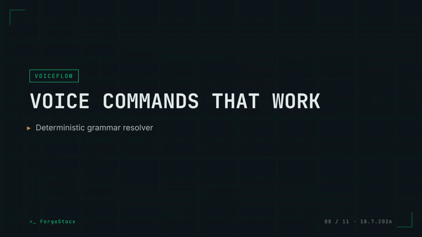One of the coolest features mentioned in the Reddit comments is something called voice flow. The developer PleasantSet3182 described it as using a deterministic grammar resolver that only mutates the board on clear, unambiguous commands, rather than relying on fuzzy matches or large language models.